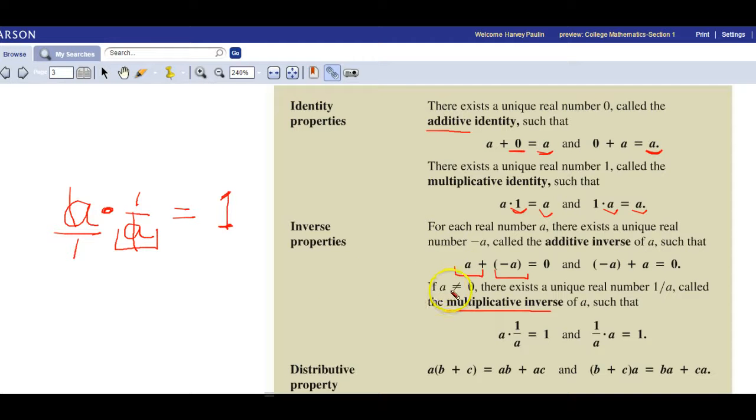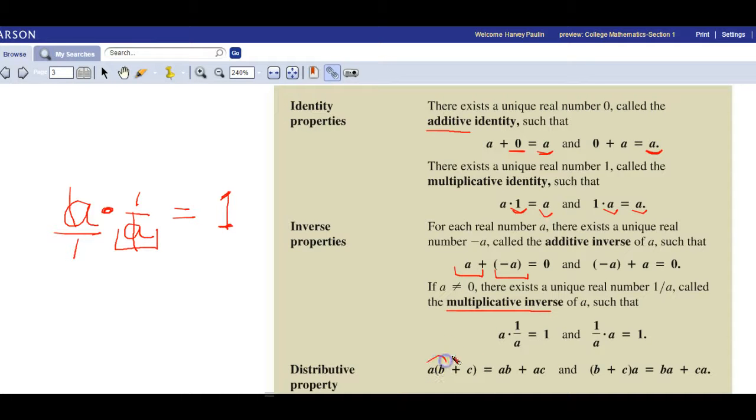Now another very famous property is the distributive property, where we have, let's say, in parentheses, B plus C, and we are asked to distribute this A. So we get rid of the parentheses.